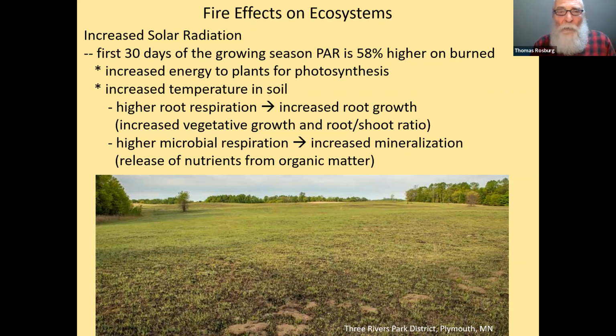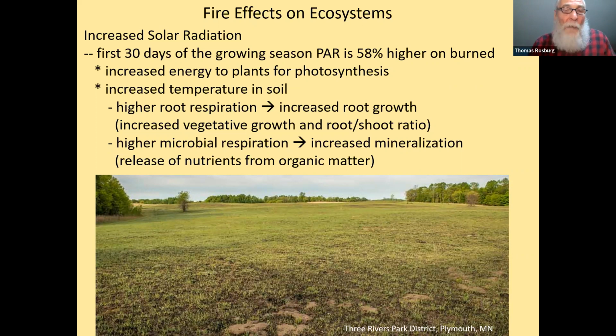We can see that during the first 30 days of the growing season, PAR, which is photosynthetic active radiation, just a way of saying visible light, is almost 60% higher. Visible light is what's used by plants for photosynthesis. That's also going to increase the temperature in the soil. And that's a hugely important factor for a number of reasons, because the soil is absorbing much more solar radiation.